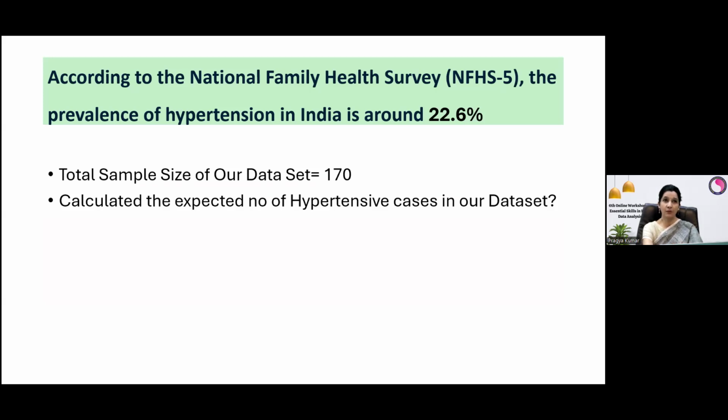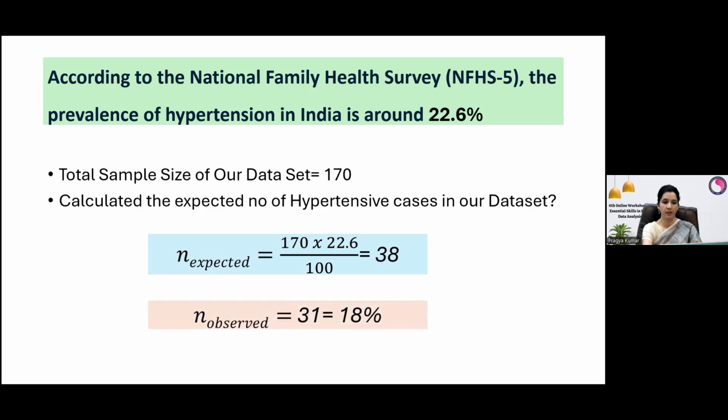Now, can I calculate the expected number of hypertension cases in our data set? Yes. Please answer yes or no. So the expected will be 170 into 22.6%, which is 38. So this is the expected number of hypertensive study subjects in this data set of 170.